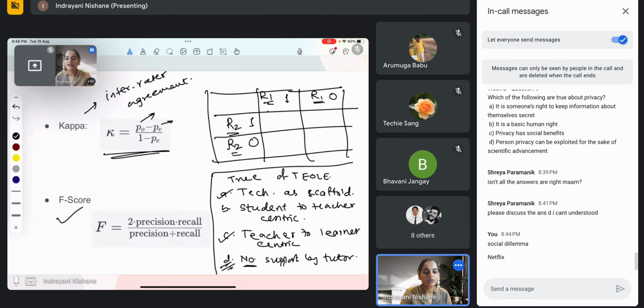So we can't exploit data privacy. When somebody says, I don't want to share my data, you have to respect that, and you can't include their data in your analysis or in your study, right?